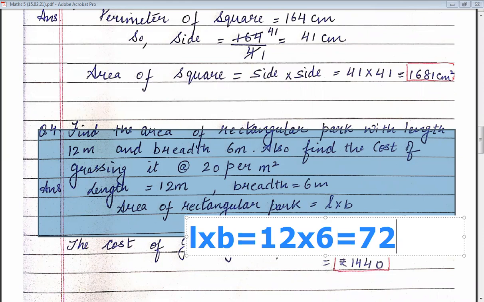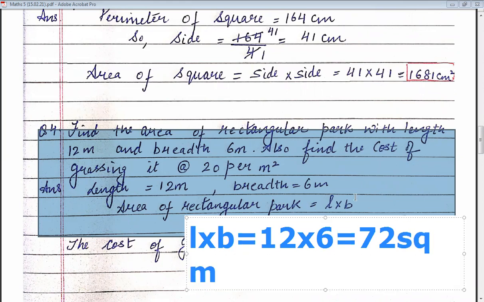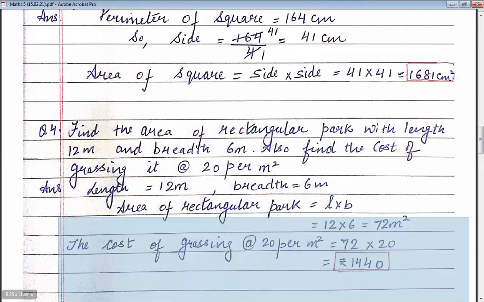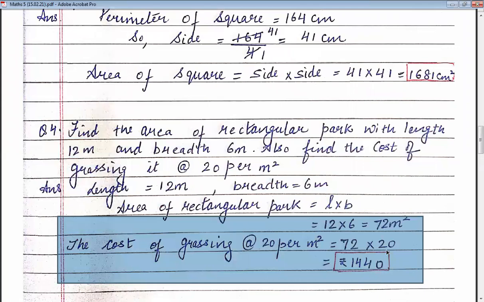Okay. So 72, and what will be the unit? Meter square or square meter. It's one and the same thing. Okay. Now children, this is your area. Now you have to find the cost also. So the cost of grassing the park will be area multiplied by the money.